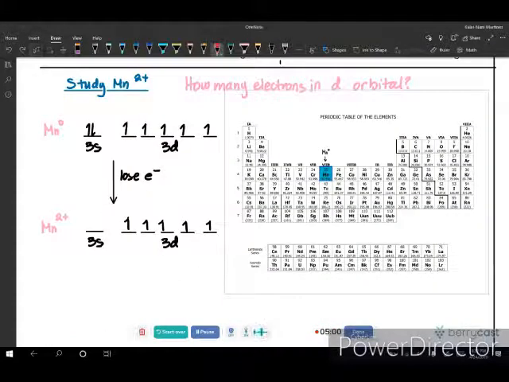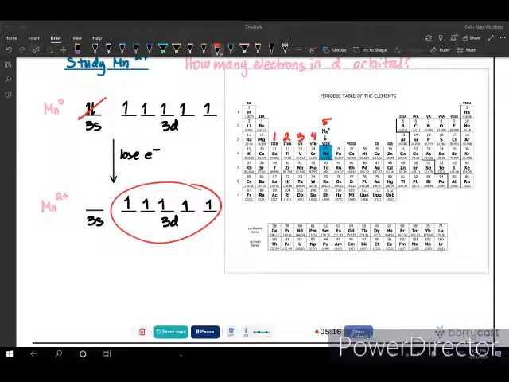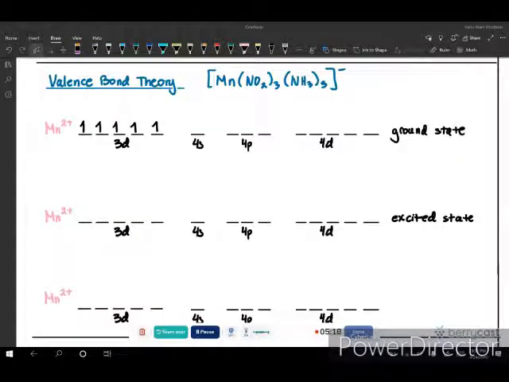And I'll be demonstrating how to produce an ion out of manganese 2+. We always lose electrons from the highest orbital, the 4s. So now we have a total of 5 electrons in the 3d orbitals. Now that we have all that knowledge, we can produce the valence bond theory of this complex ion.